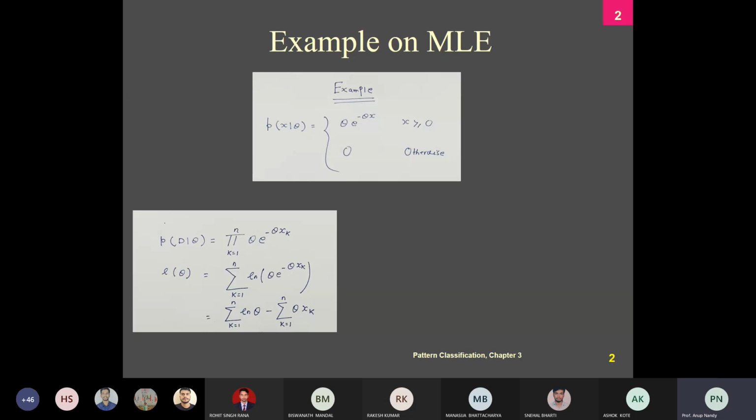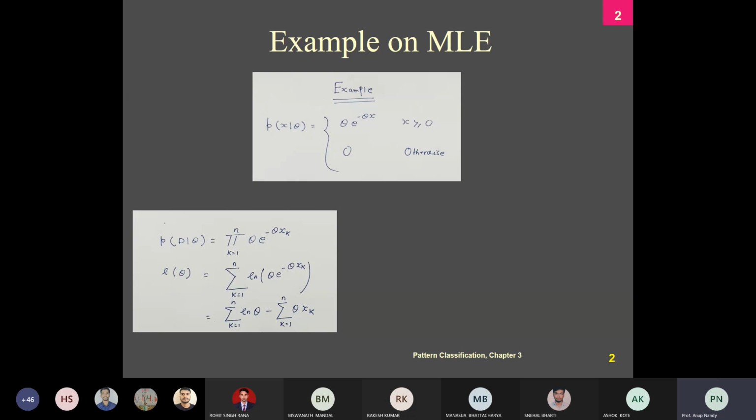And if it is differentiable, then you need to have this gradient operator grad. Now L theta is a log likelihood function, and you need to maximize it. So for this, you have to compute grad theta L equal to 0. Now if you do this grad L theta equal to 0, what will be the value of theta?